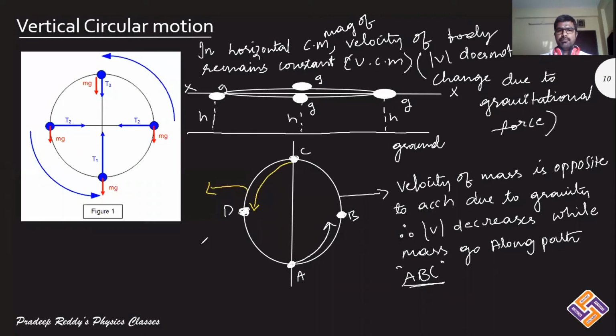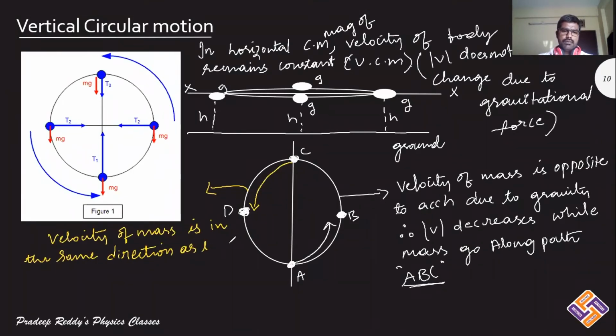Now coming to the other side, when the body is coming from C to D in this path, the velocity of the mass is in the same direction as that of acceleration due to gravity.